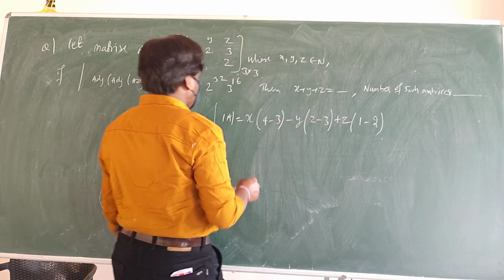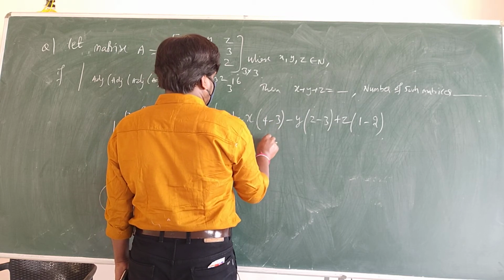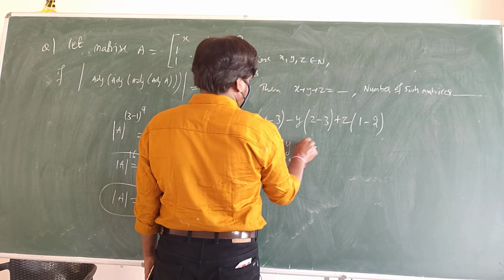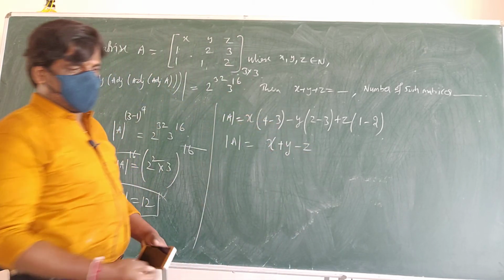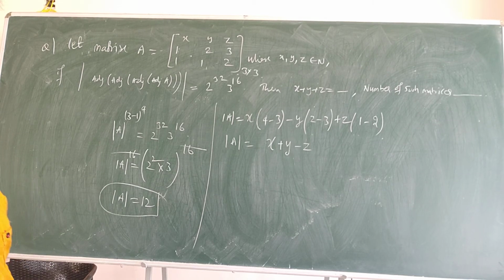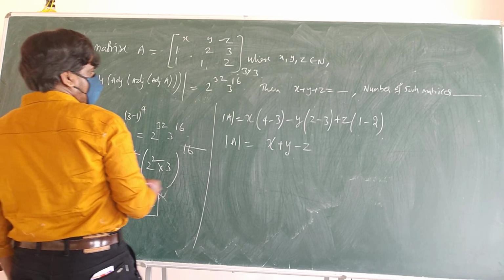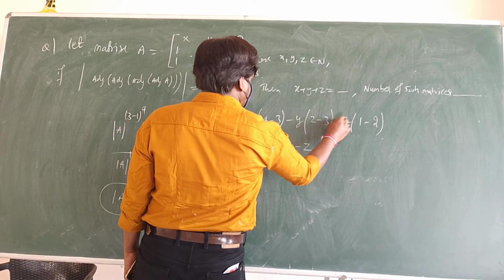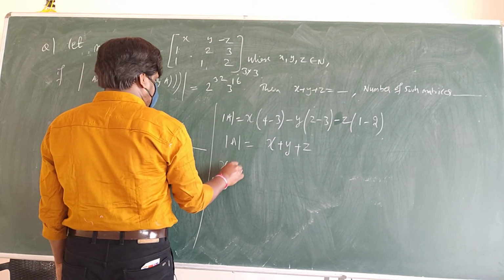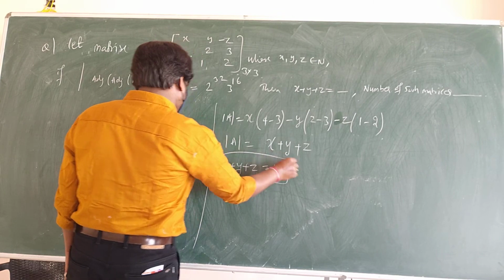So determinant of A is x plus y... it should get plus z. Make a correction here: this is minus z, minus into minus gives plus. So you get x plus y plus z is equal to 12, because determinant of A is 12.